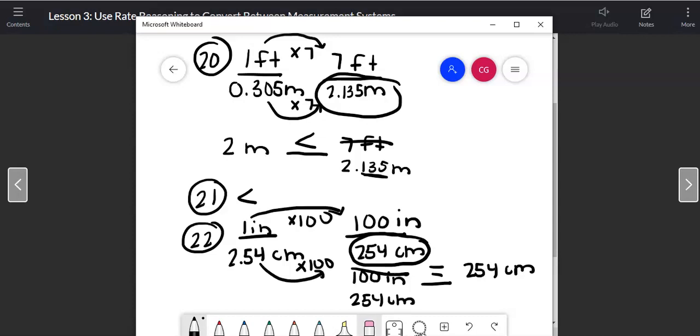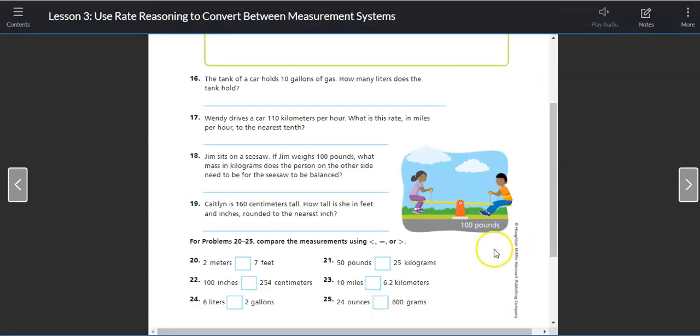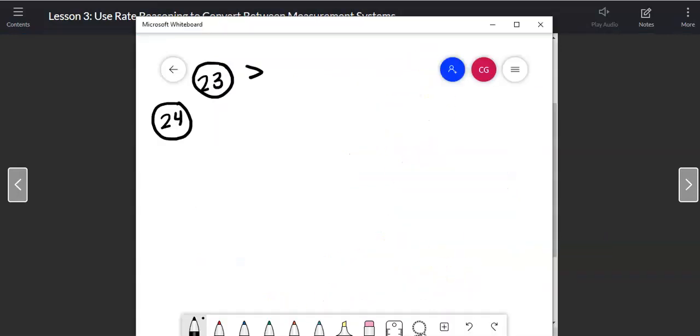Okay, let's take a look at 23. 23 should be greater than. And our last one we're going to do together before I give you the answer to 25 is 24. So 24 says is 6 liters less than, greater than, or equal to 2 gallons. So let's change both of them to the same thing.